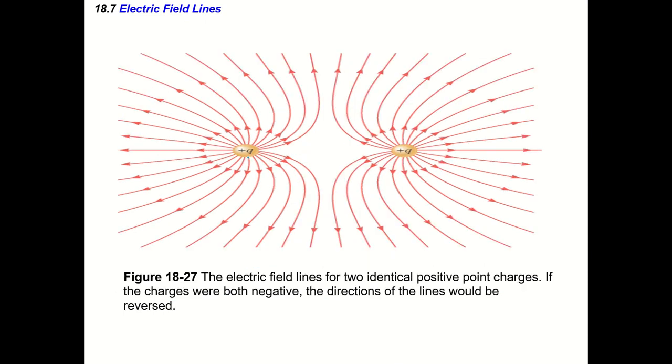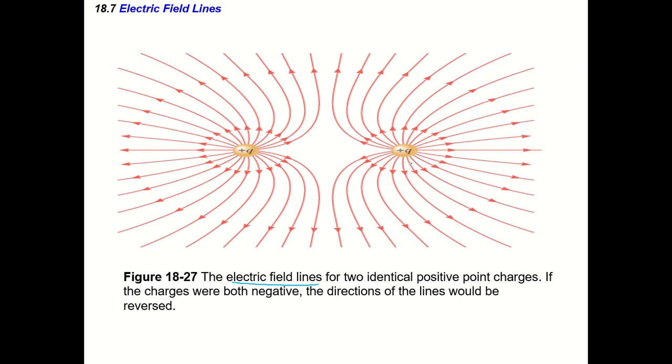But here they have the same charge. This one shows the electric field lines for two identical positive point charges. If the charges were both negative, then the direction of the lines would be reversed.